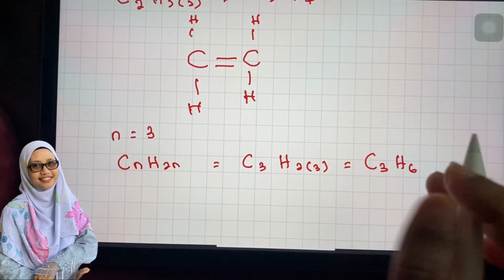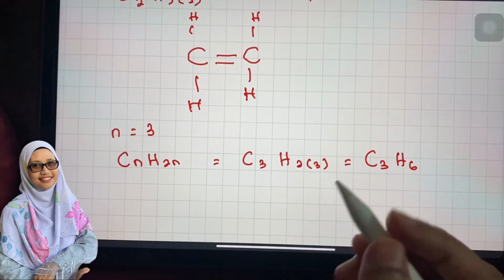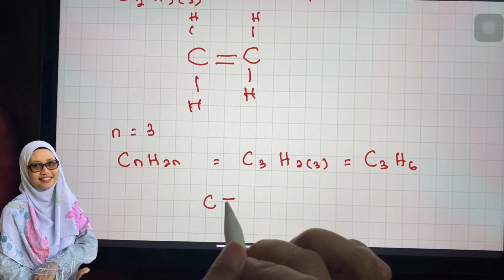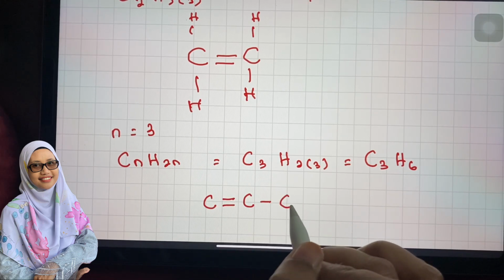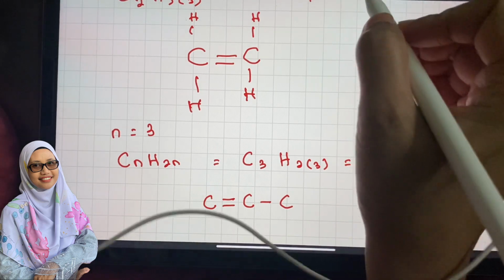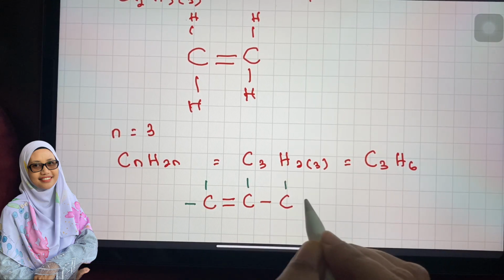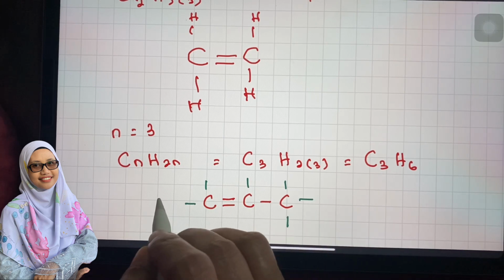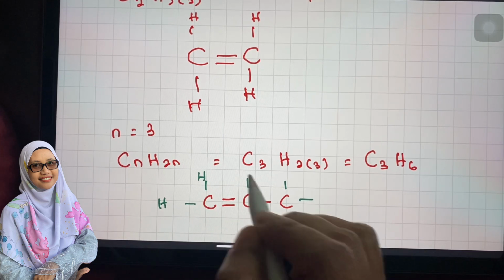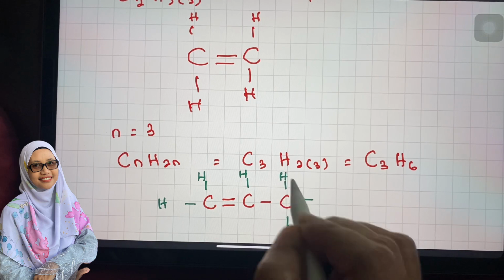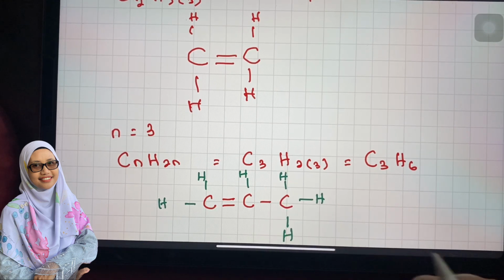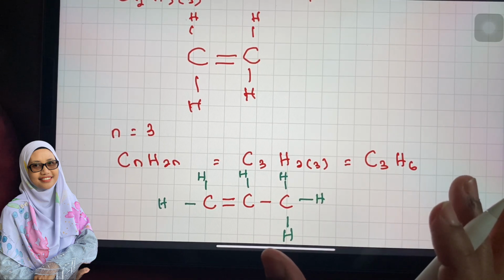So how do I write it? C with at least one double bond, and we have 6 hydrogen: 1, 2, 3, 4, 5, 6. So this is how you write it.